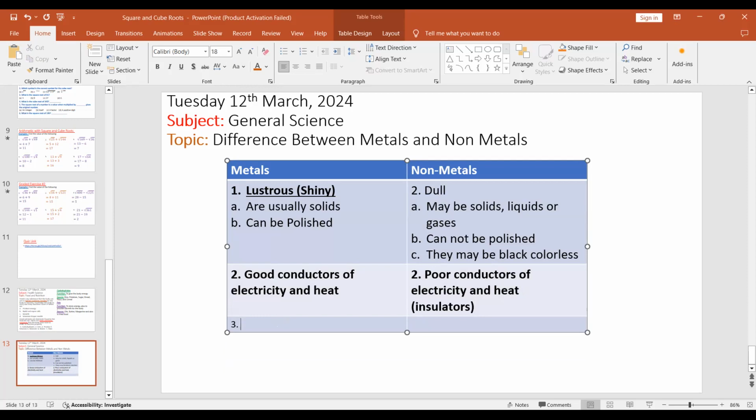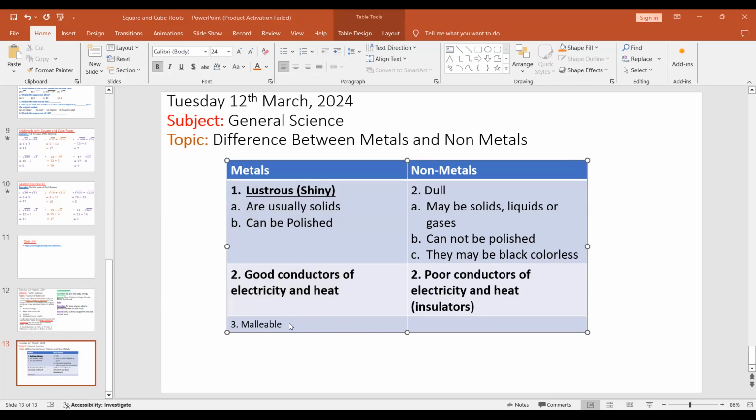Next one, one thing about metals is that they are malleable. What do we mean by malleable? They can bend.